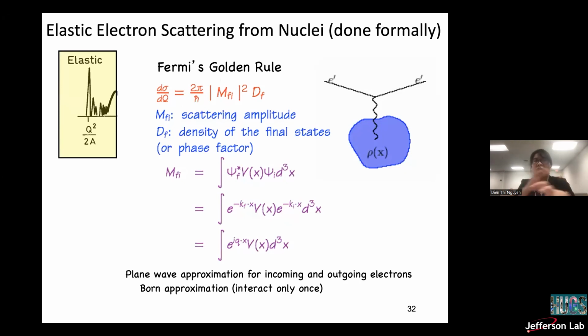It means that it will not move. The electrons will come and interact with this object, and this object will have a charge distribution we call rho(x) here. The x here depends on the location. So now what we want to do is elastic scattering in order to see how the charge is distributed inside this object, assuming this is the nucleus you are scattering off.